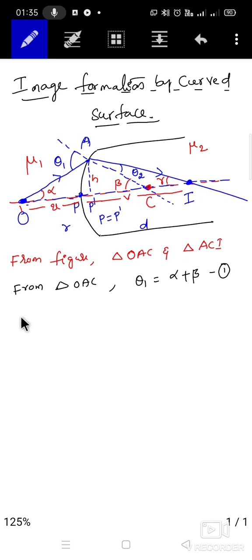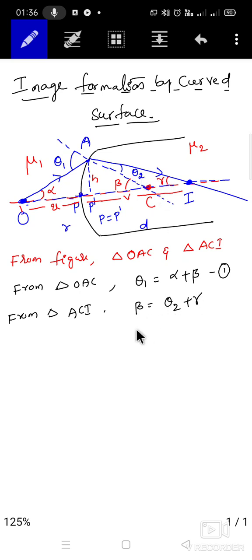Next, from triangle ACI, here also we get an exterior angle. Beta is the exterior angle, and it equals the sum of the two opposite interior angles, theta 2 plus gamma.